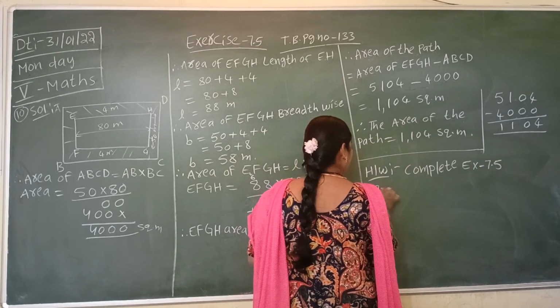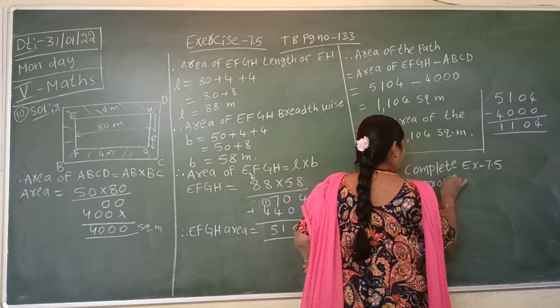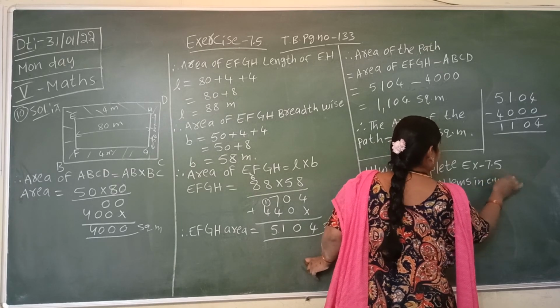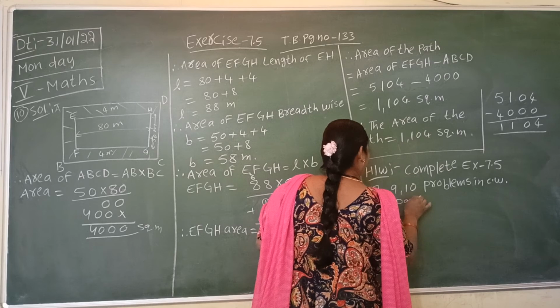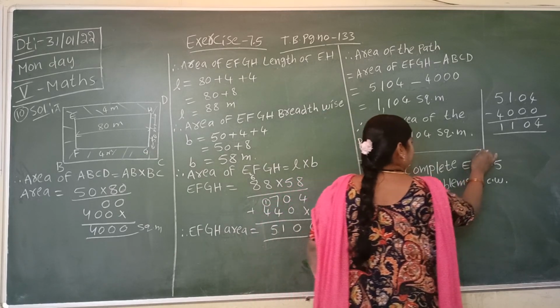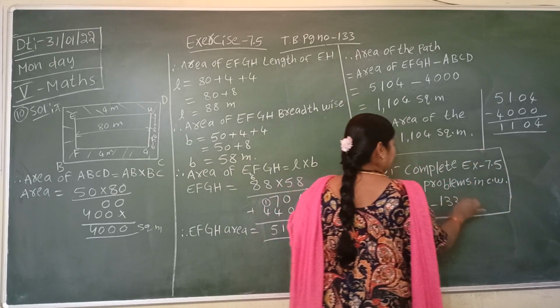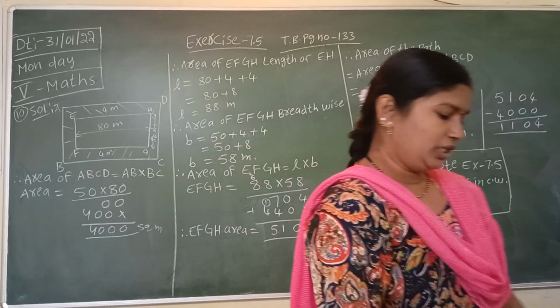Today I explained problems 8, 9, 10 in class. Your textbook page number, as I already mentioned, is 133. It is your homework. Complete the class work and come to school.